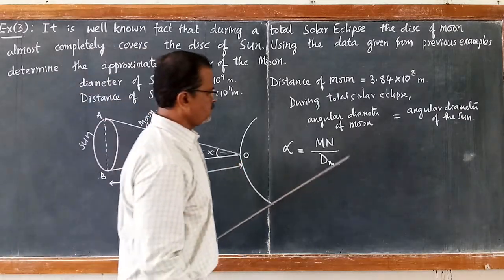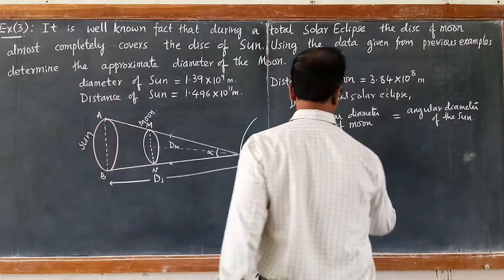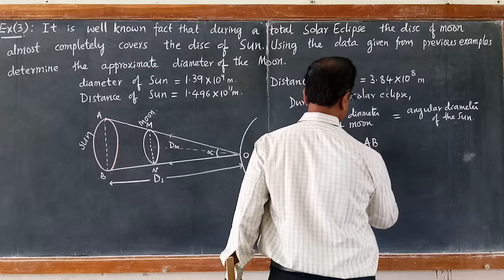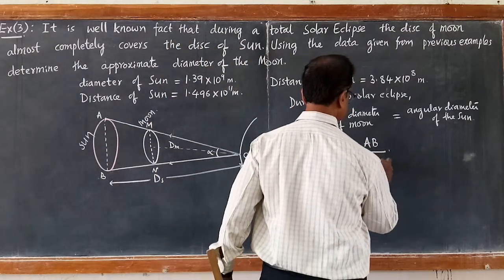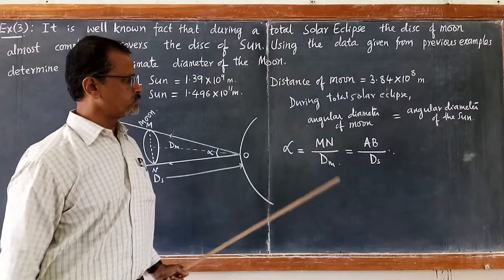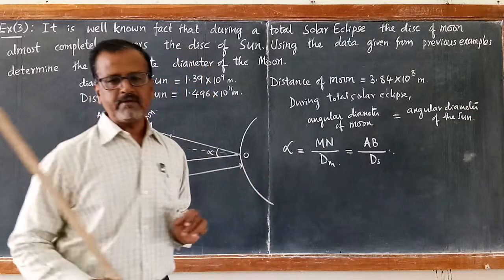So alpha equals diameter AB of the sun divided by distance of sun. Using this ratio, one can easily find the actual diameter of the moon. That is the question.